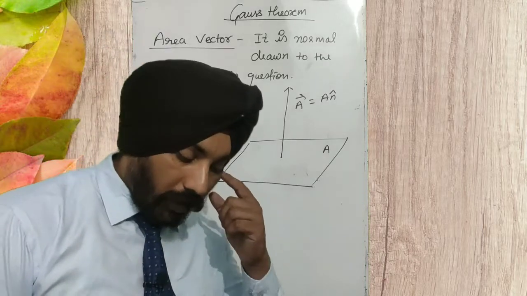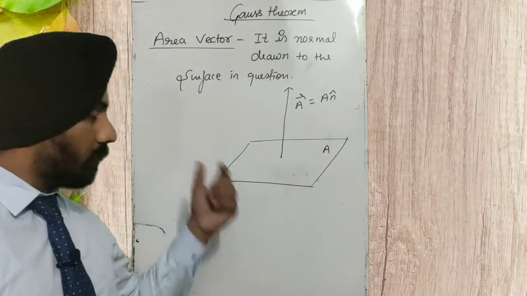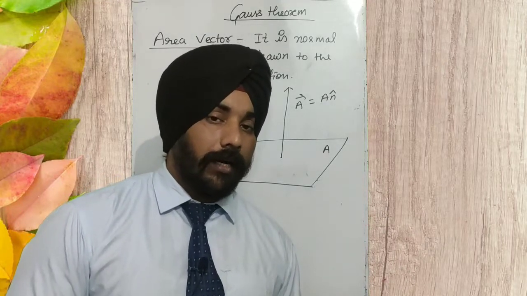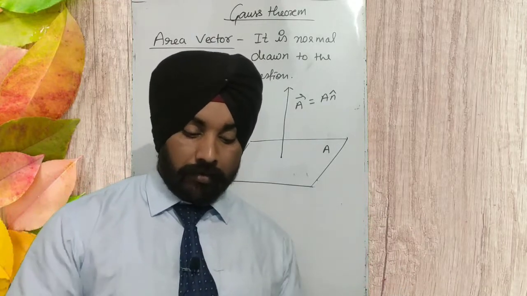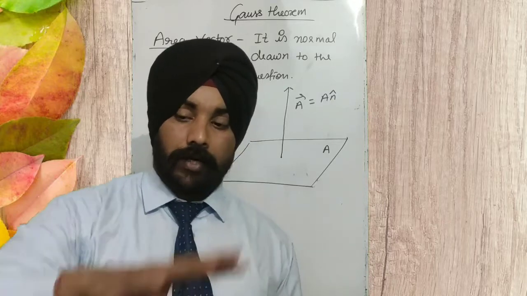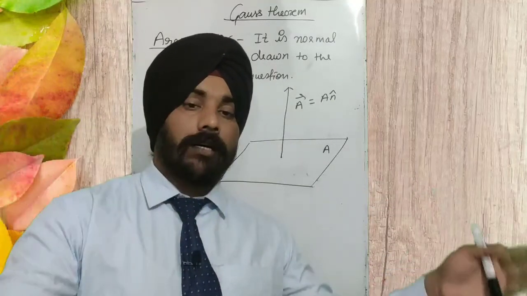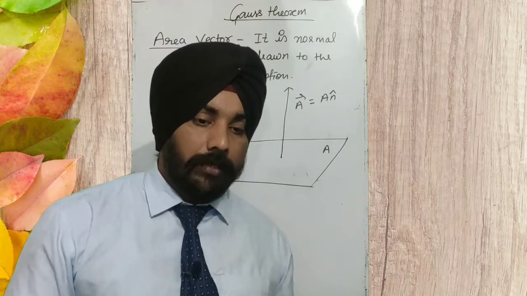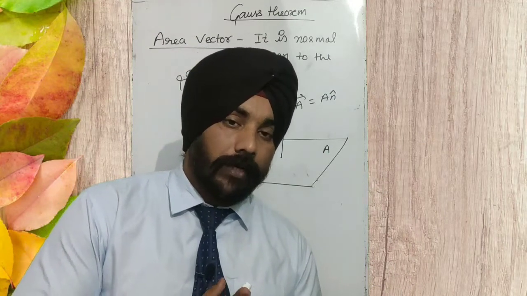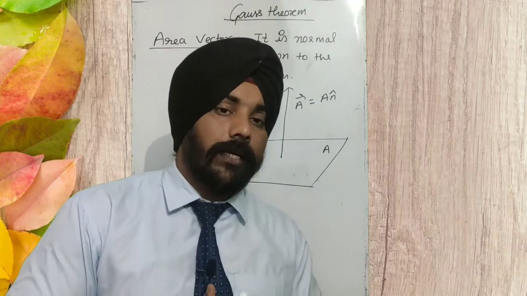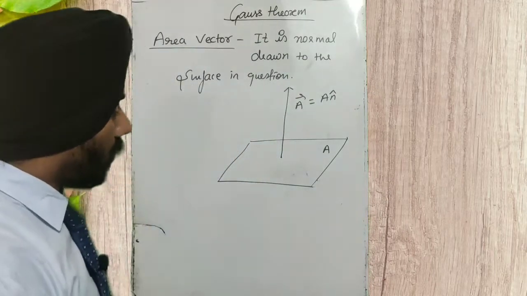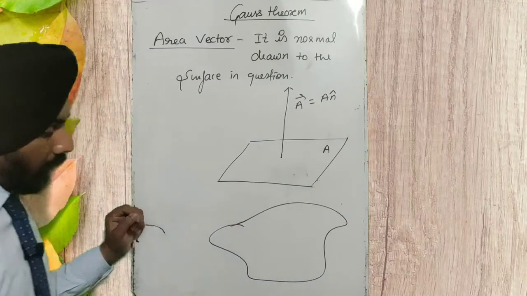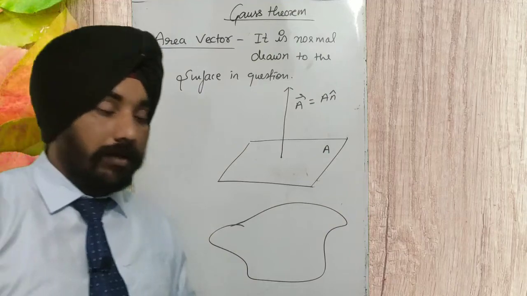One more thing, if we are not having a regular surface, like a sphere, which is not a plane surface but a curved surface, or a surface that is not symmetrical, then what do we have to do to find out the area vector? For this we have a different method. Like this is a surface and it has an irregular shape.